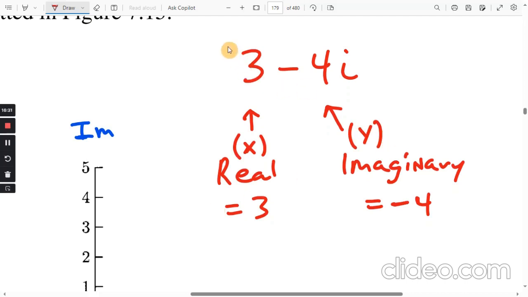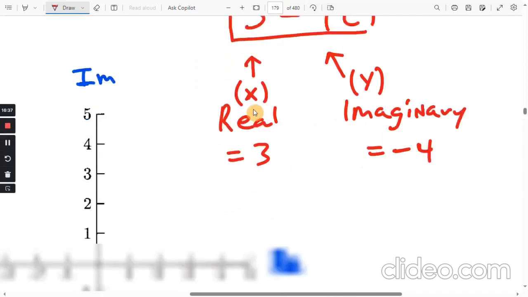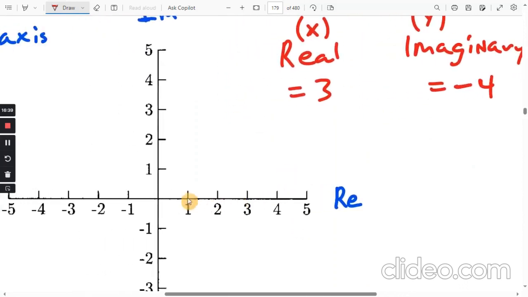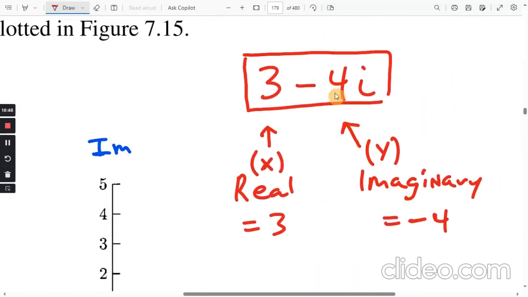So if we were to plot 3 minus 4i, first you go to x equals 3 on the real axis: 1, 2, 3. And then you count down on the imaginary y-axis.